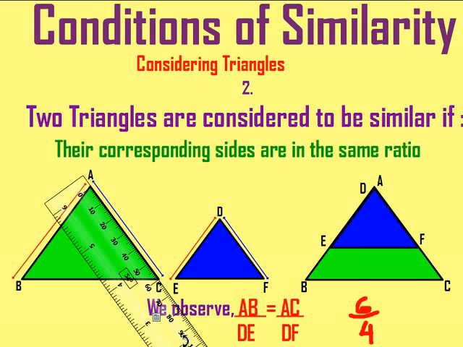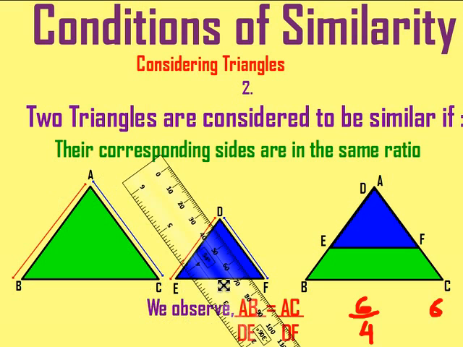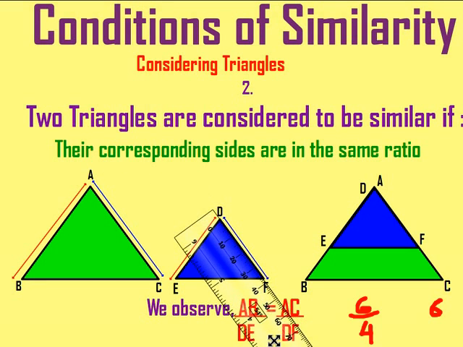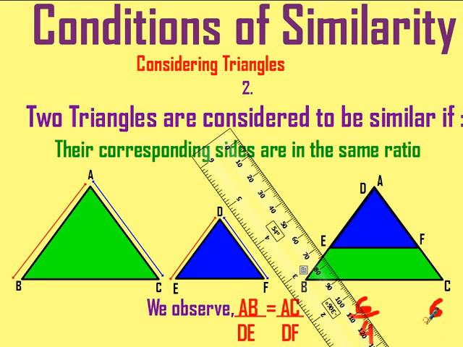That's 6 again for AC, and for DF, that's 4 again.